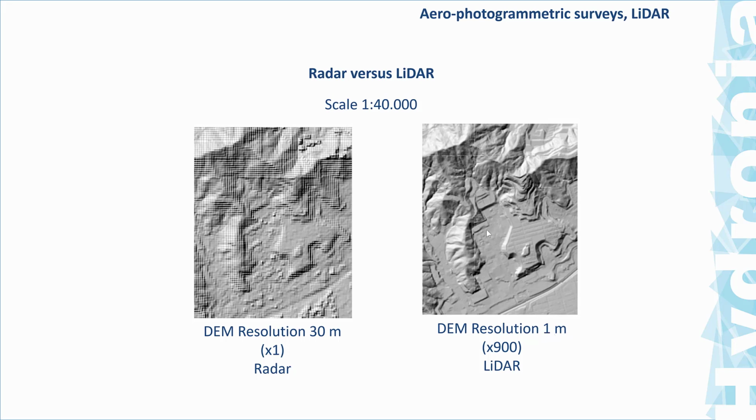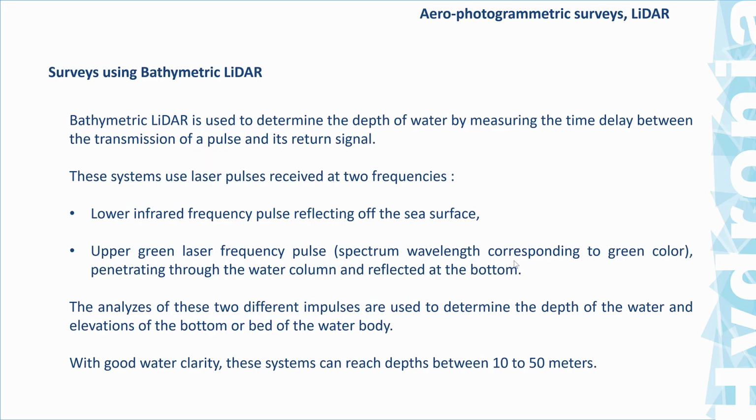That means that you get resolution of objects well below the 1 meter size, which is remarkable, while the radar is hardly below the 30 meter resolution. So if you don't need a lot of resolution, that's okay. But if you need a lot of detail for final designs or high quality simulations of hydrology in urban areas, you need to look at this type of LiDAR data.